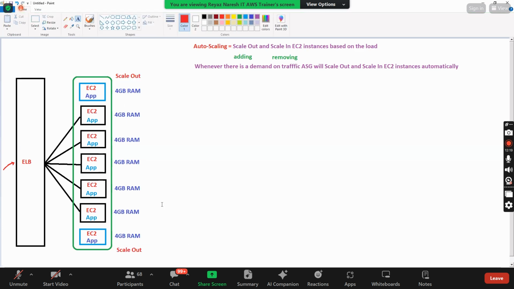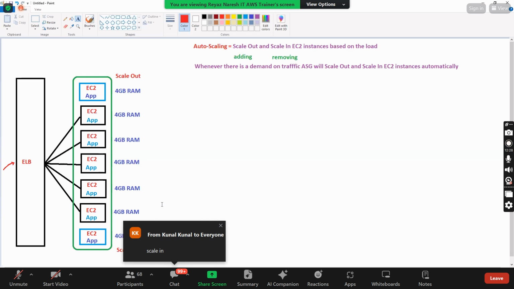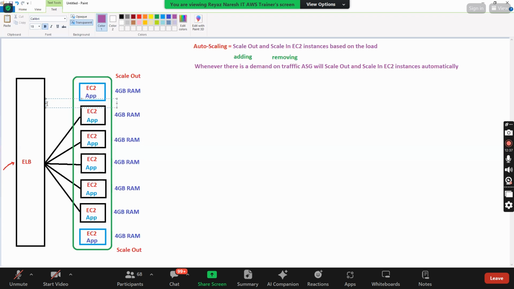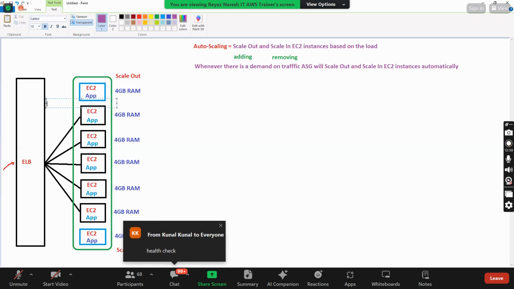And whenever there is no demand, what will happen? Scale in will happen. Now how does the ELB do the monitoring for the application? Using what? Health checks.